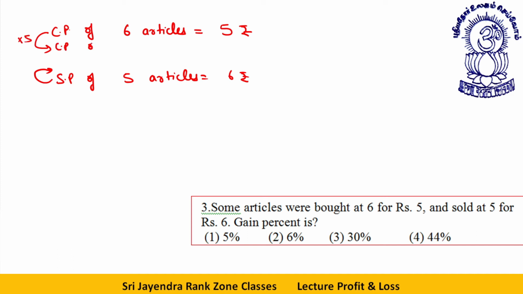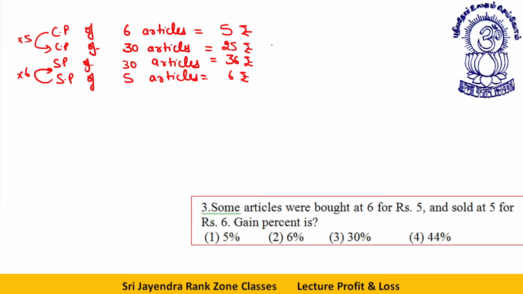That is CP of 30 articles. I will tell you a shortcut for this also. CP of 30 articles will be, you have multiplied this thing by 5, you multiply this thing by 5, 25 rupees. You multiply this by 6. SP of 30 articles is 36 rupees. Okay.